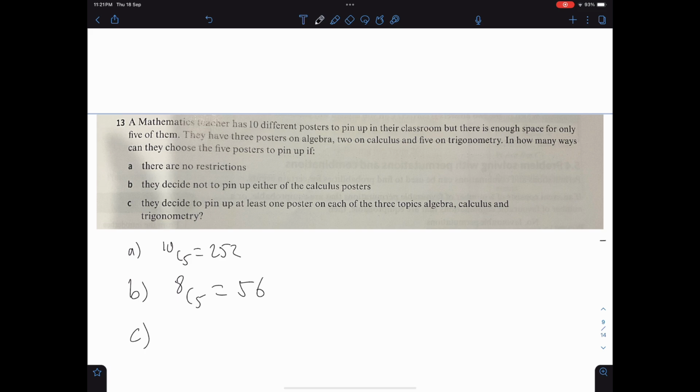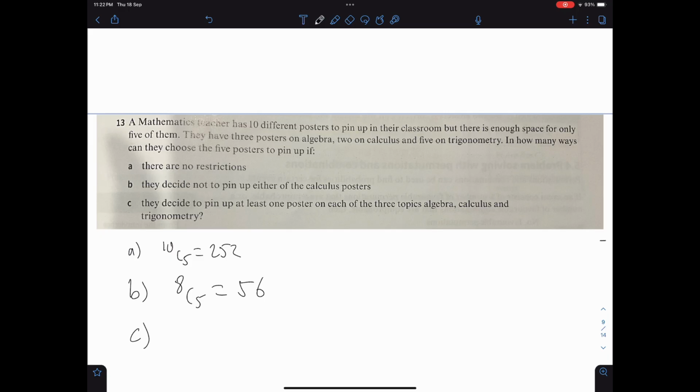Now for C, you could try different approaches, but the approach that works is by doing unrestricted and subtracting the ones where you've excluded at least one topic. So we'll figure out the ways that we can only do 1 or 2 topics.